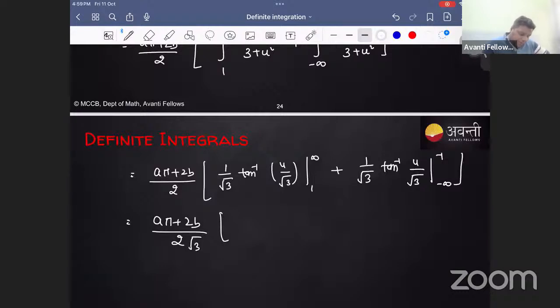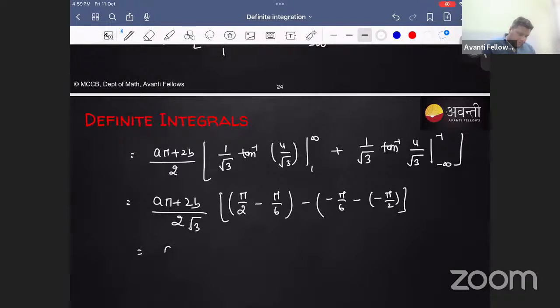Now it is pi by 2 minus tan inverse root 3 is pi by 6, minus tan inverse of minus 1 by root 3 is what? Minus pi by 6, minus of minus pi by 2. So finally it became a pi plus 2b upon 2 under root 3, pi by 2 plus, minus this, pi by 2 will become positive. So pi by 2 cancel.